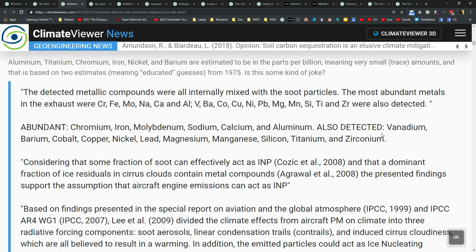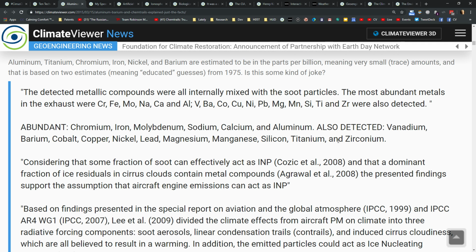Also detected were vanadium, barium, cobalt, copper, nickel, lead, magnesium, manganese, silicon, titanium, and zirconium. Dude, that's a lot of different metals coming out of the back.